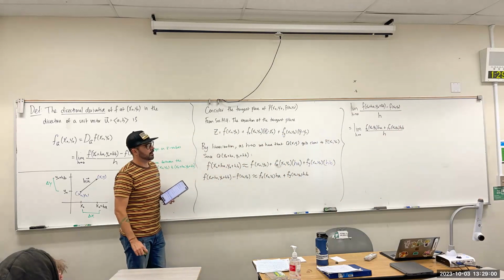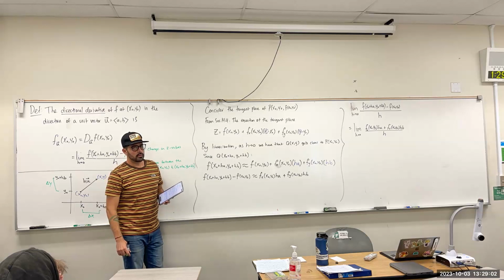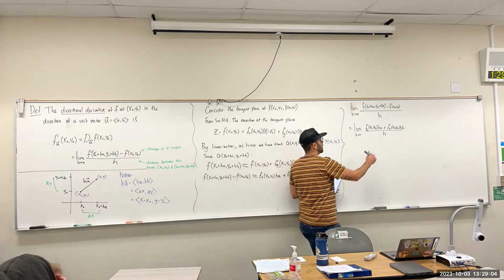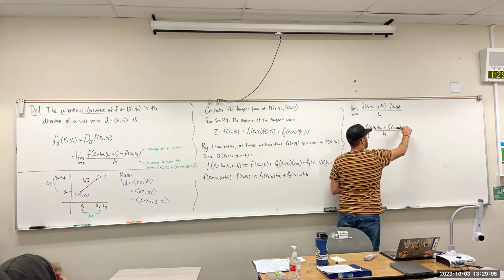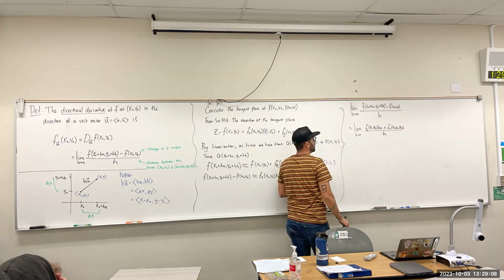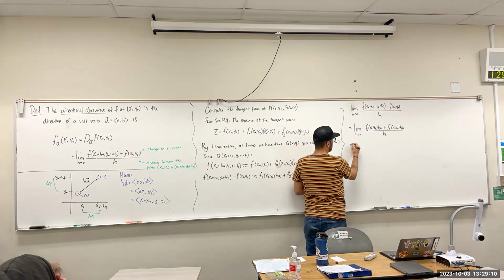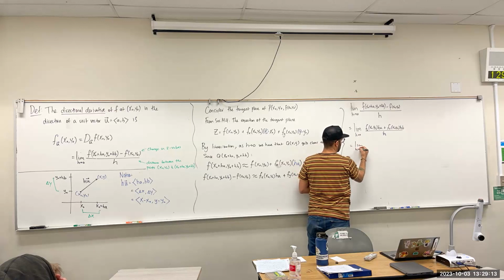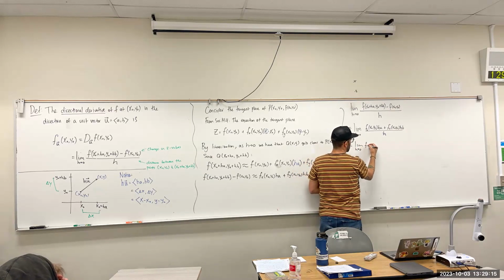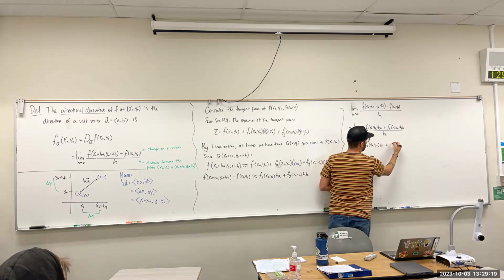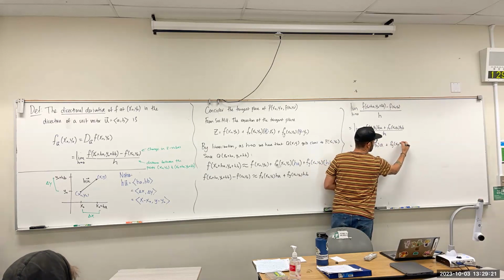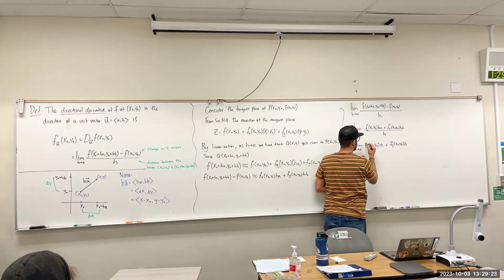So what can we do from there? We can factor out the h and cancel it. So we end up with the limit as h goes to 0 of f partial of x at x naught, y naught times a, plus partial of y times b.